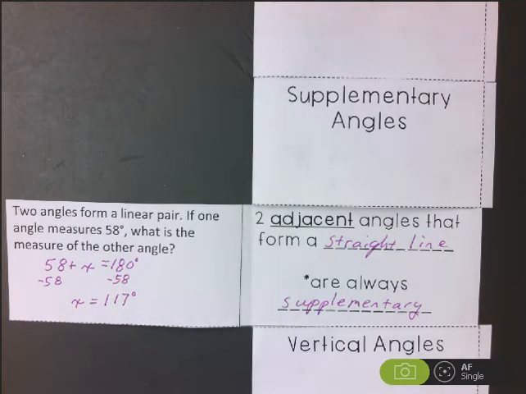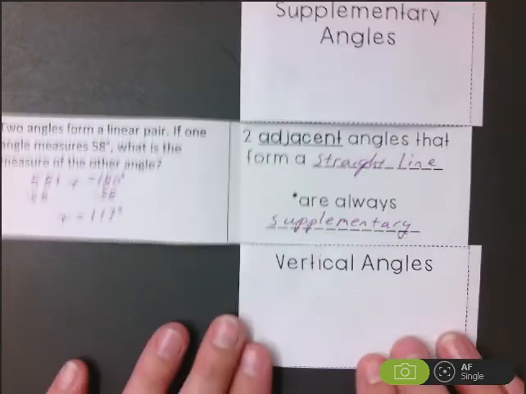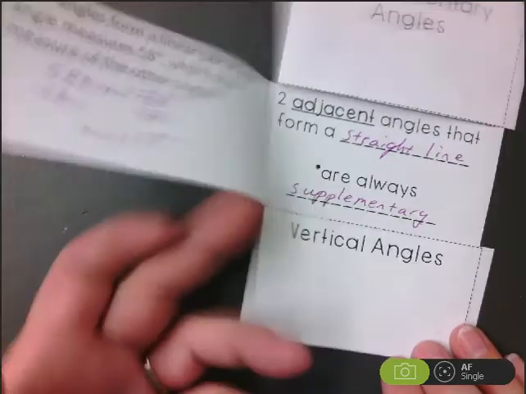So subtracting 58 from both sides, I get 117 degrees for that other angle. What is the measure of the other angle? 117 degrees. Okay? Alright, great. We have one more left on this foldable, vertical angles.